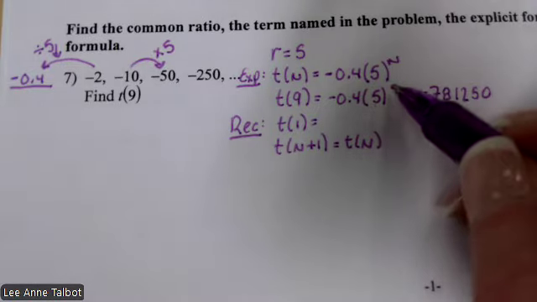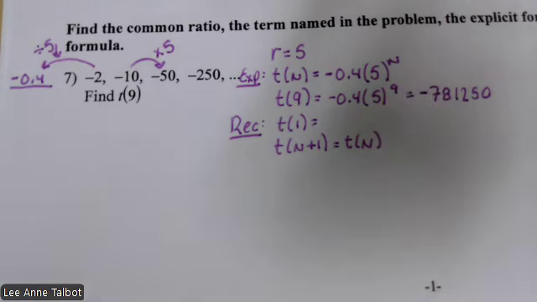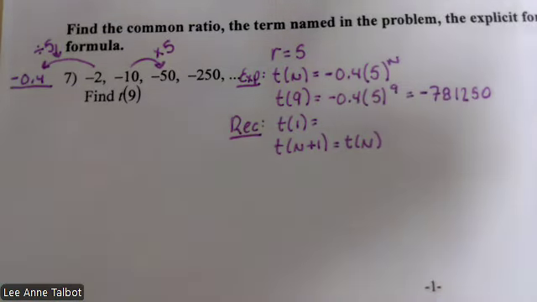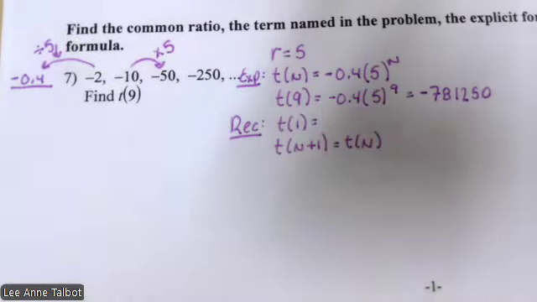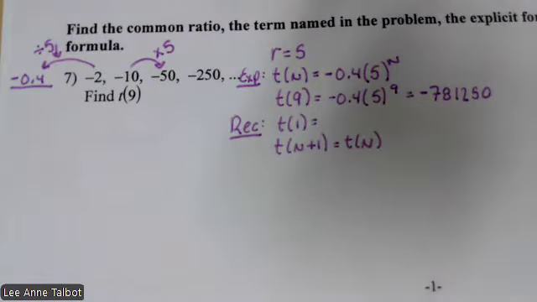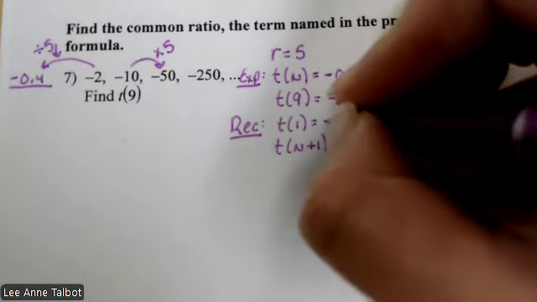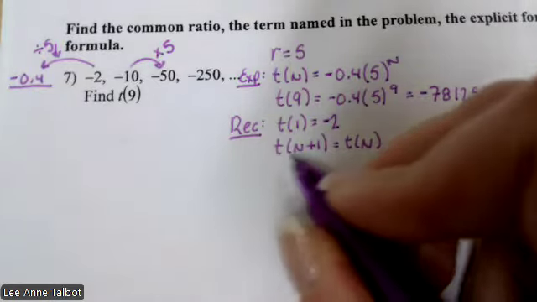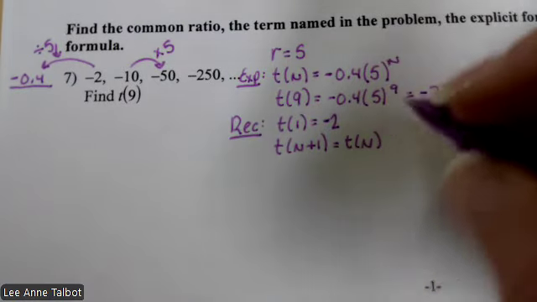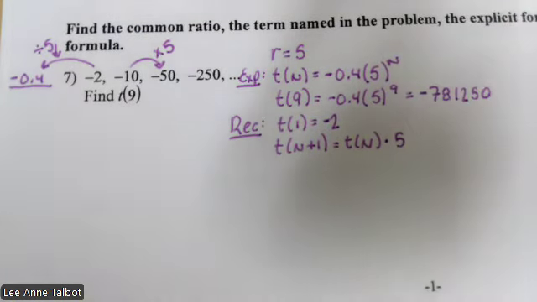So do 5 to the 9 and then times -0.4. Okay, first term on this problem is -2. To get the next term, I take the current term and times by 5 each time.